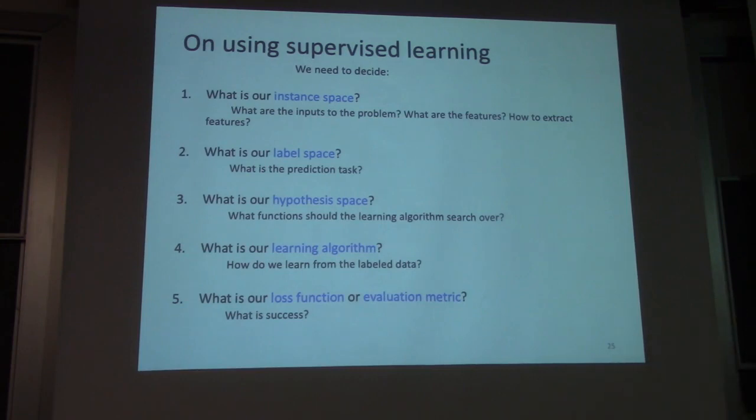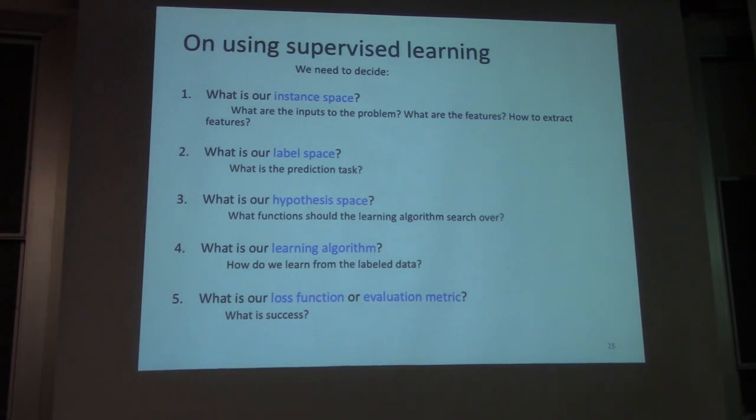So whenever you conduct supervised learning, here are a few questions you need to decide, implicitly or explicitly. First, as we just mentioned, what is your instance space? That determines what kind of data you can collect, what kind of data you're going to process, and what kind of examples you want to predict.